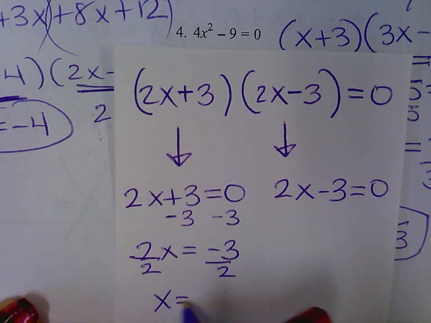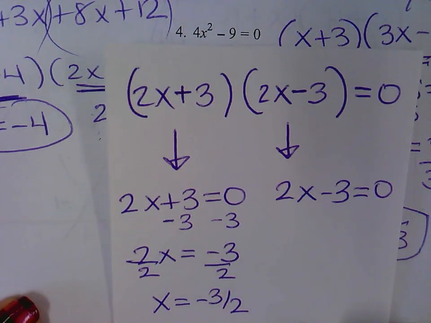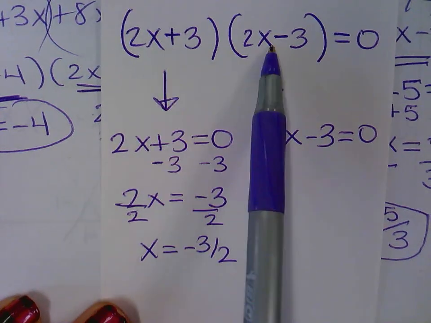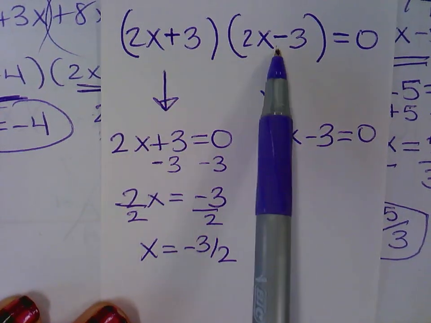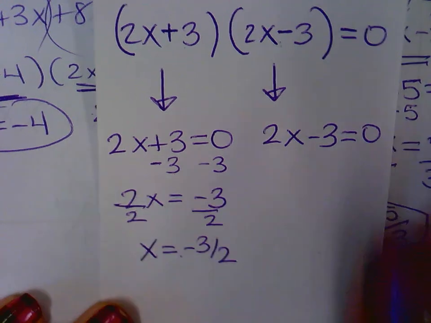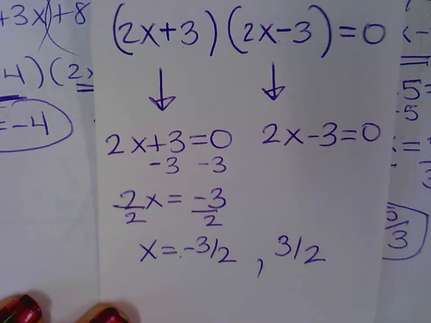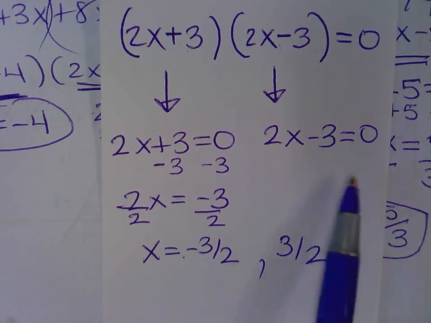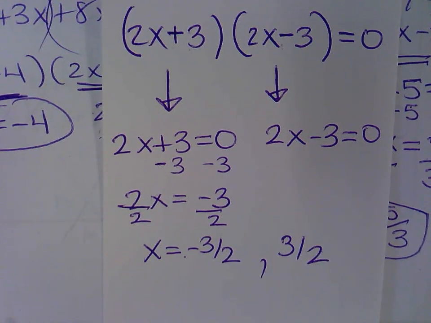So x would equal -3/2 for my first. And if you're paying attention, guess what? These are just opposite in sign. So your 2 solutions are going to be +3/2 and -3/2, right? Because this would add 3 to the other side and divide by 2. And those will show up as your x-intercepts.